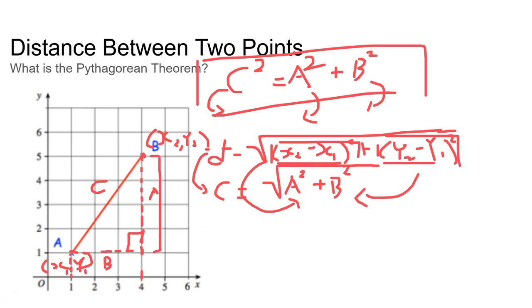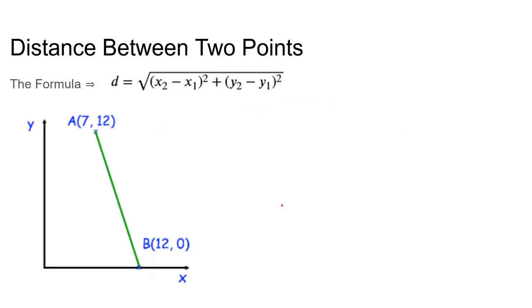So X2 minus X1 directly substitutes into A. Now you could do this with the Y value too. Let's start from here. This is 5, right? And this is 1. So then if we subtract this, sorry, this is 4 and this is 1. If we subtract this, it would be directly equal to the B value. And see, you can easily see how this essentially makes up the Pythagorean theorem.